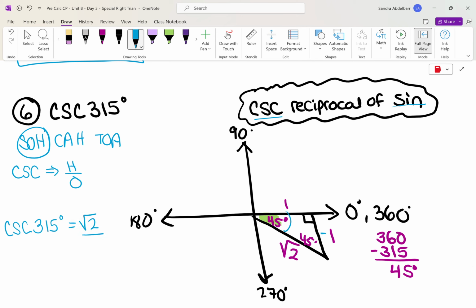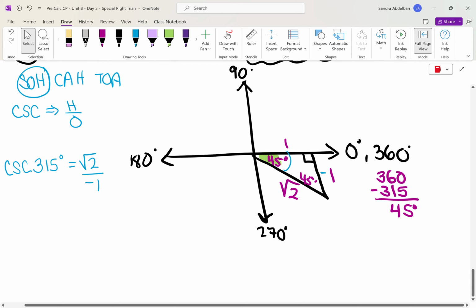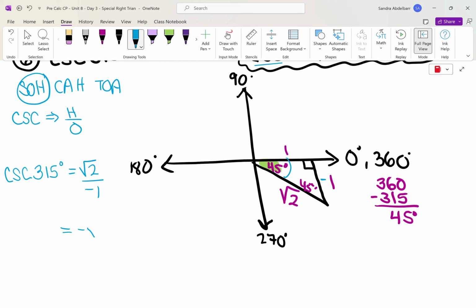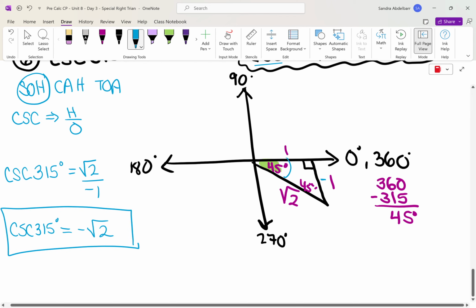So when we have the cosecant of 315 degrees, it's going to be the hypotenuse, which is √2, over the opposite, which is -1. In all fairness, if you wrote this on the test, I would give you full credit, but anything divided by 1 is itself, anything divided by -1 is the negative version of itself. So cosecant 315 degrees is -√2.